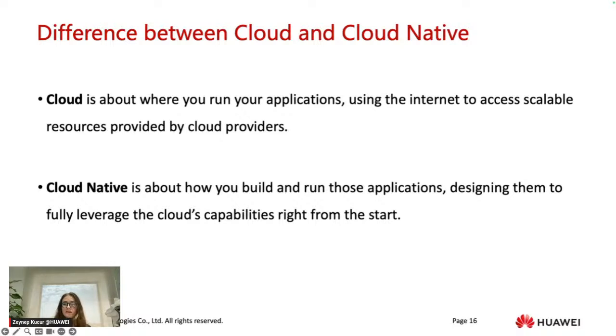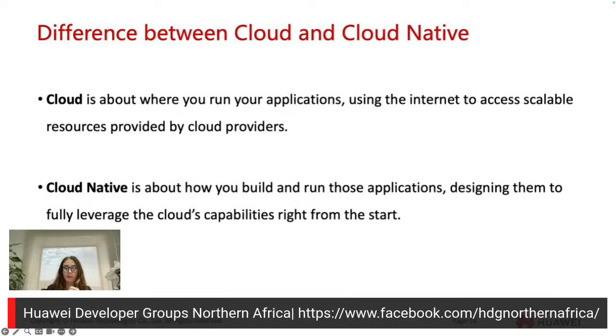Cloud native isn't just about using the cloud, it's about designing and building applications specifically for cloud environments. These applications are created from the ground up to take full advantage of cloud computing benefits like scalability, flexibility, and resilience. Cloud native applications are typically built using modern practices like microservices.